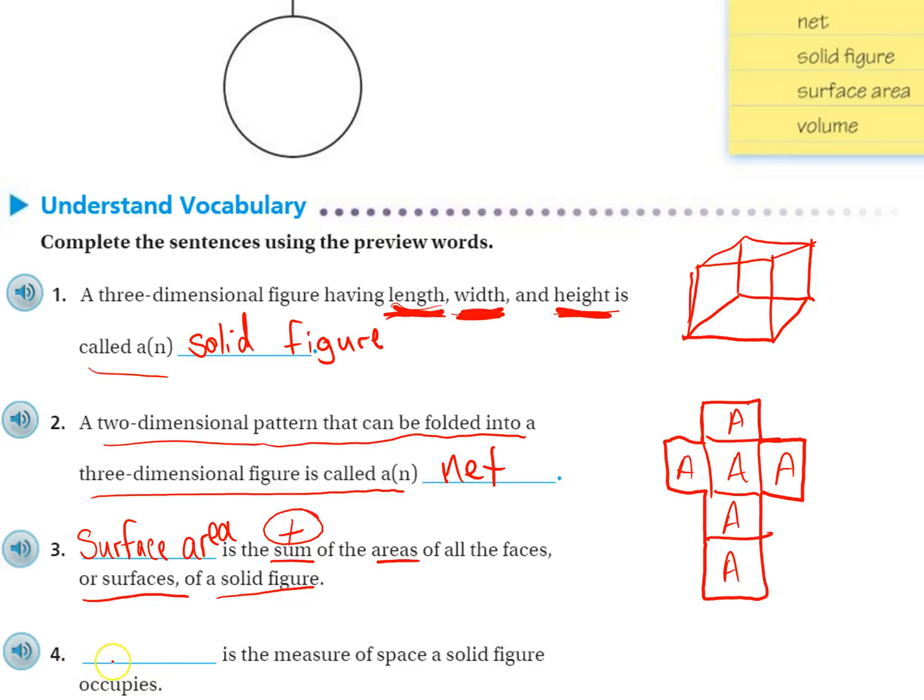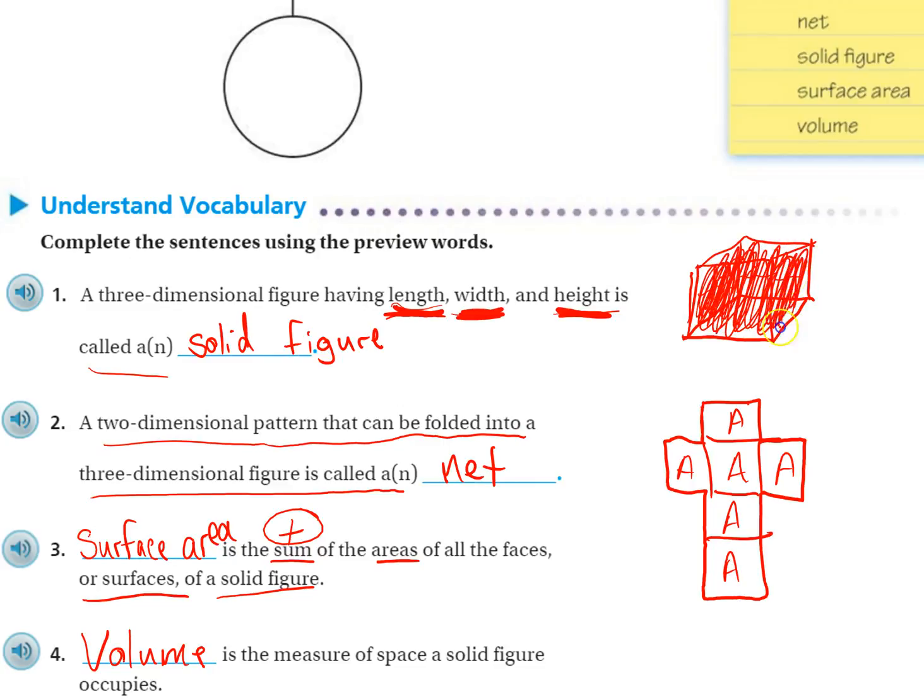Okay, number four, blank is the measure of space a solid figure occupies. That's the volume. And you can think of volume as if, let's look at our cube again. If we took our cube and we filled it up with water, okay, we started filling this cube up with water, how much water could it hold?